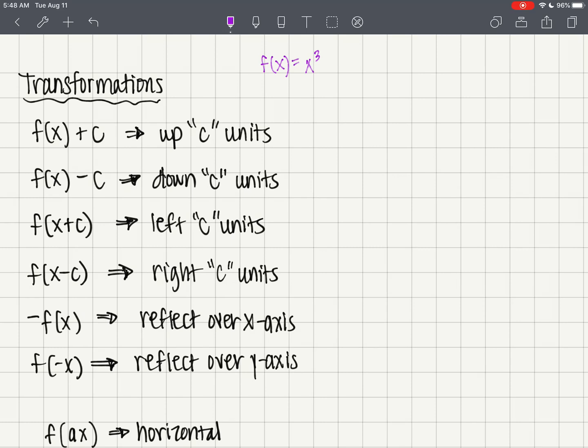If I have a function and I add a constant on the outside of that function, it is going to result in a shift up c units. So for instance, if my parent function is x cubed, then if I add c units on the outside of that function, it would look like x cubed plus c.